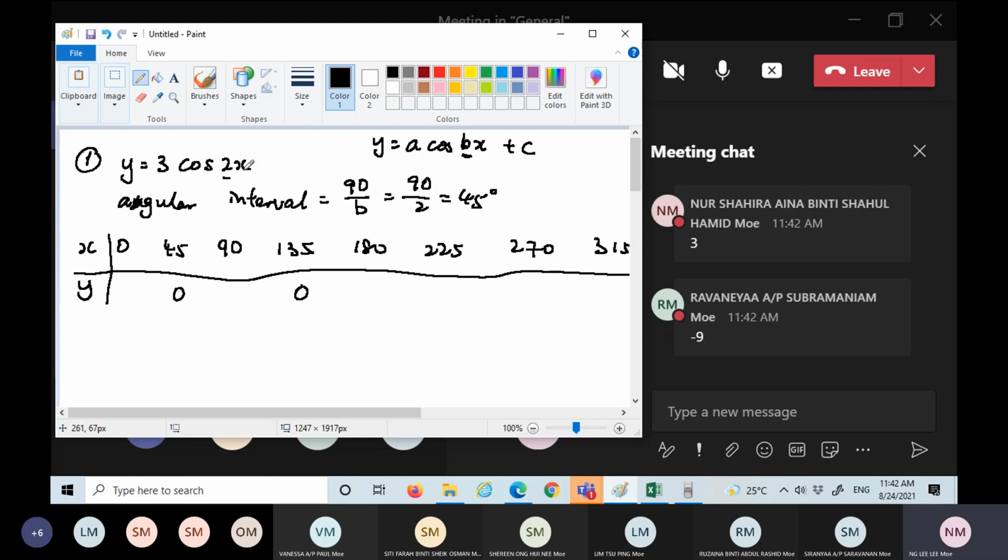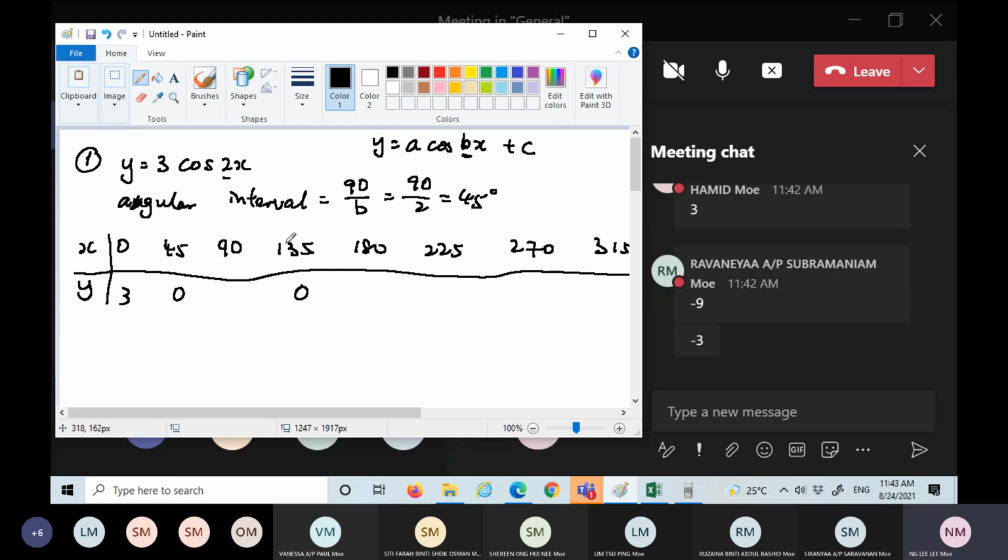Do again. 90 times 2 is 180, so you press cos 180. After that, get the answer already, only times 3. Okay, Shahira say this is 3, correct now. Negative 3, very good.